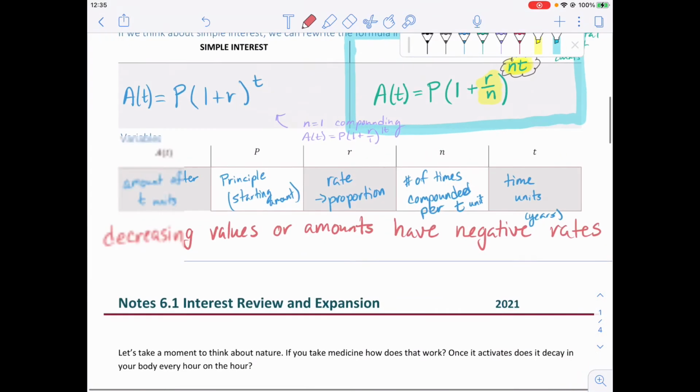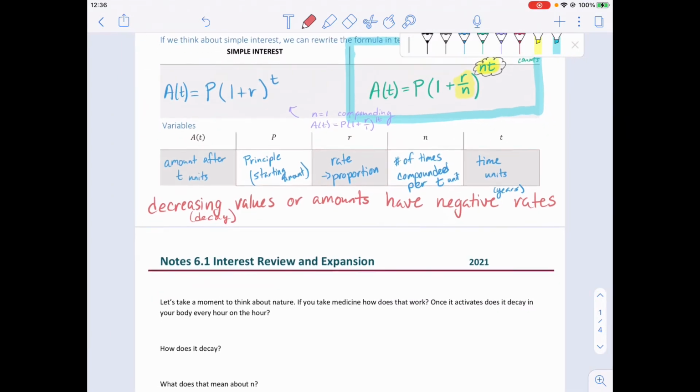That means in our formula, we're going to have a minus here because this r will be negative. So just keep that in mind. It is possible to get a negative sign. We call that, if you remember, decay. Whereas if they're positive, then they're growing. We'll read that more when we talk about our exponential graphs.